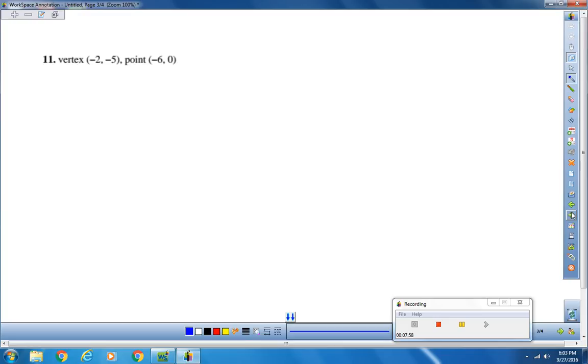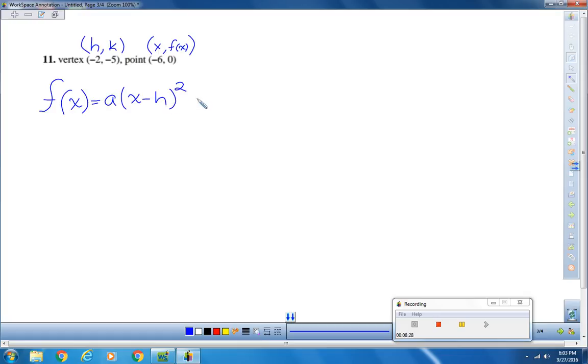Number 11, again, our vertex, h, k. Our point, x, f of x. We have our vertex form of a parabola. F of x is equal to a x minus h squared plus k.